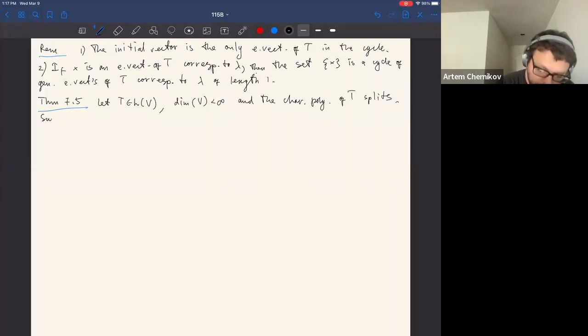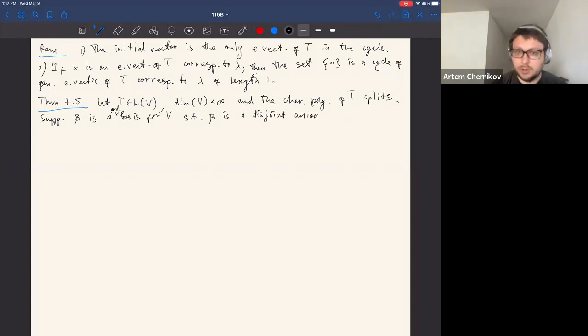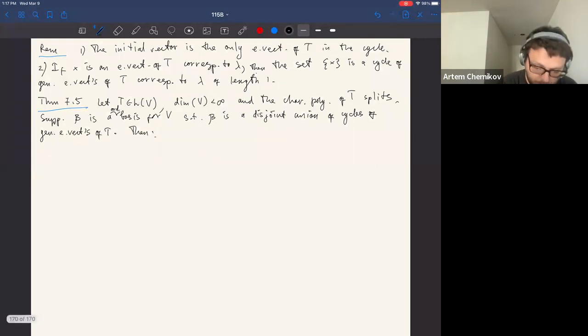And suppose that beta is an ordered basis for V such that beta is a disjoint union of cycles of generalized eigenvectors of T. Then we have the following two properties.